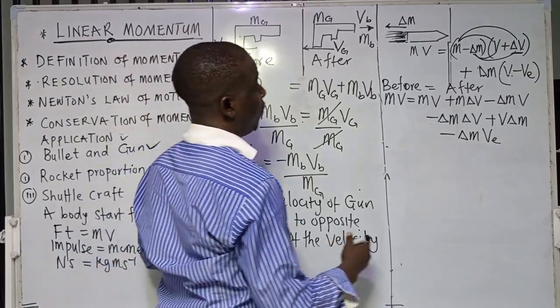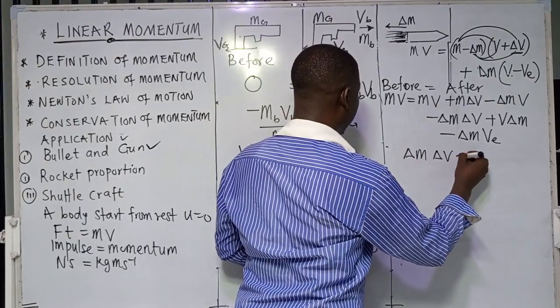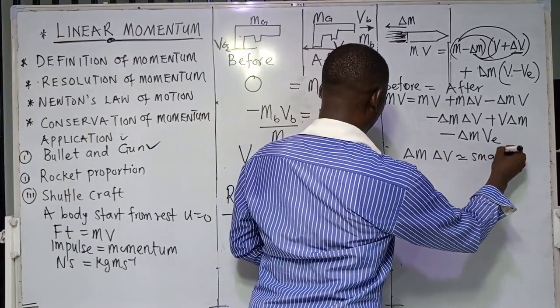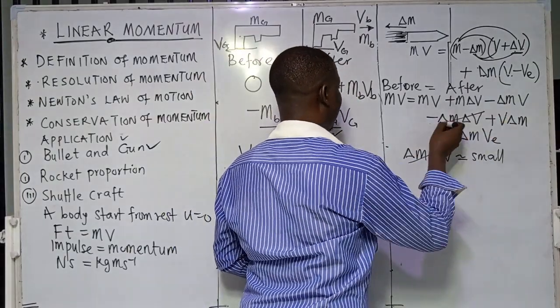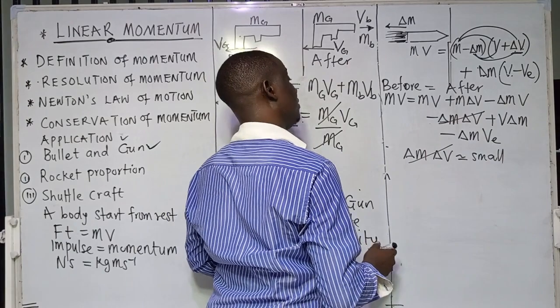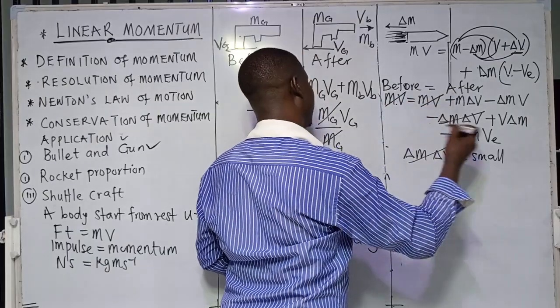Now in this case, change in mass and change in velocity is just too small. So you remove it. If you cancel this one out, then this one on the left hand side will cancel this one on the right hand side.